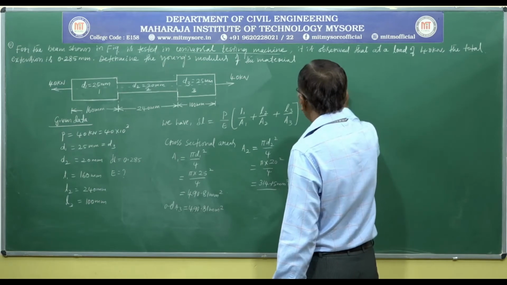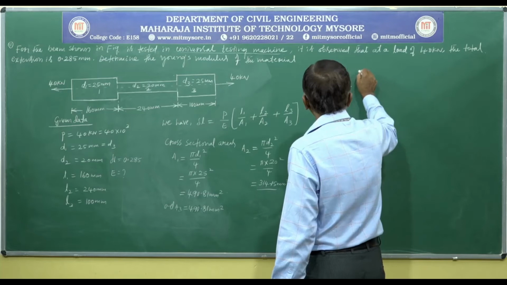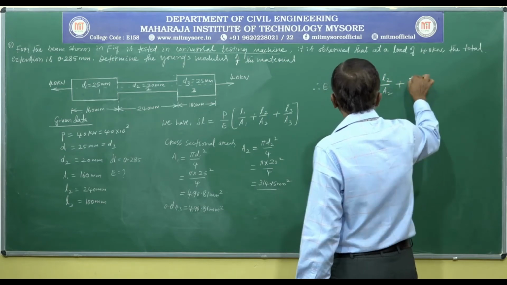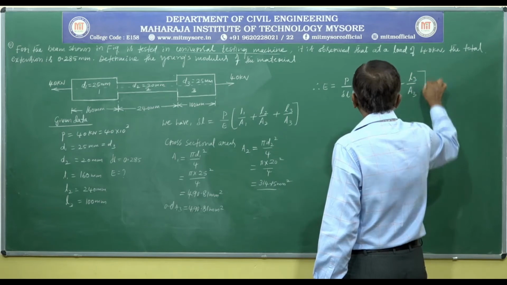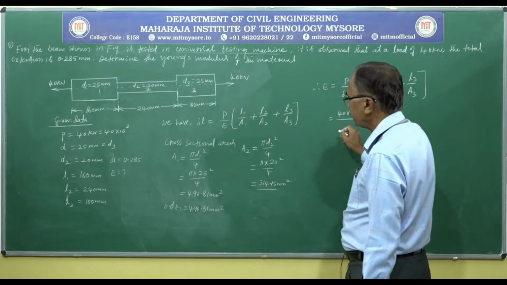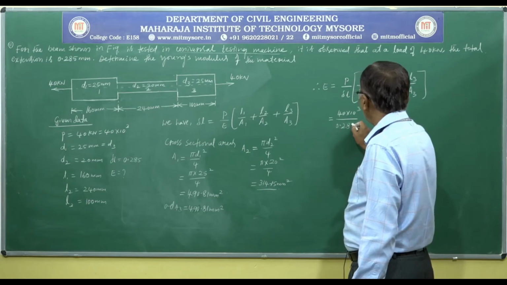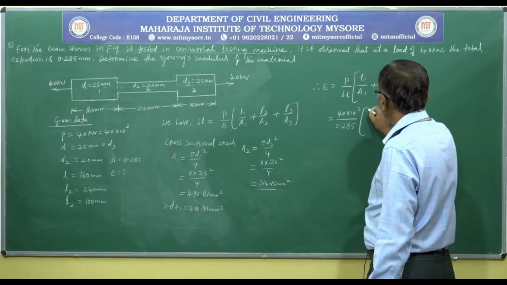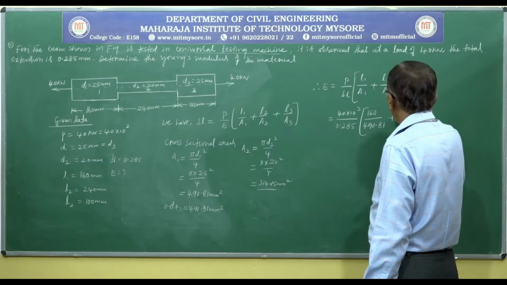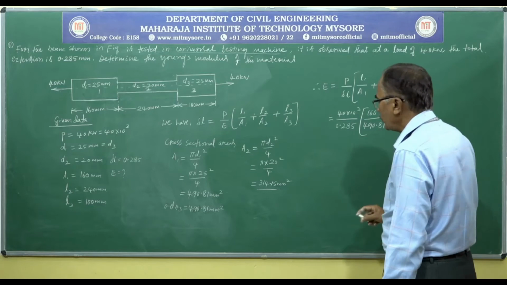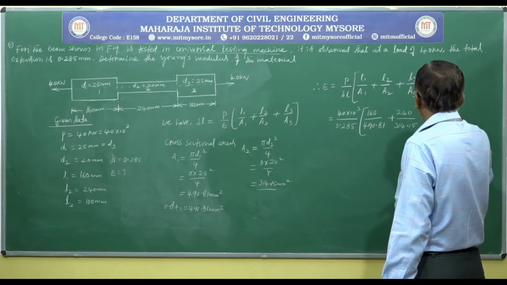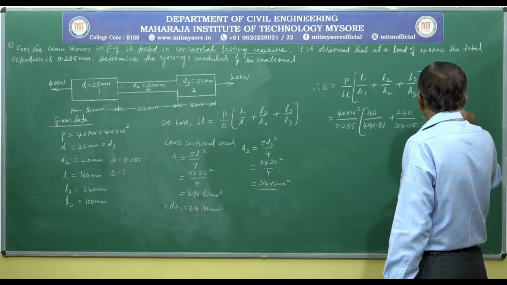Therefore Young's modulus E is equal to P divided by delta L into L1 by A1 plus L2 by A2 plus L3 by A3, that is equal to 40 into 10 power 3, divided by 0.285, into L1 is 160 divided by 490.81 plus L2 is 240 divided by A2 is 314.15 plus L3 100 divided by 490.81.